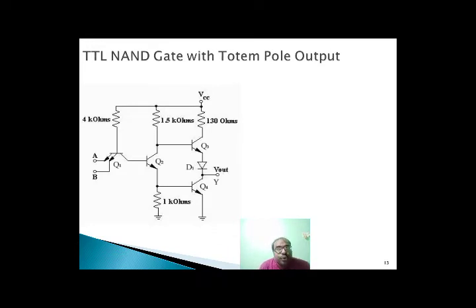Here Q1 is a multi-emitter transistor for the inputs A and B, and output transistors Q3 and Q4 form a totem pole output arrangement.